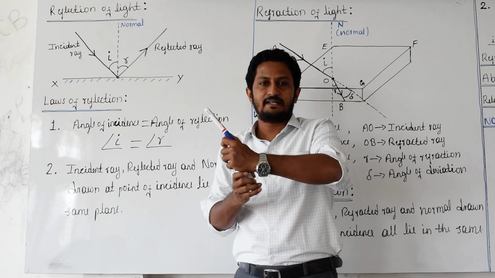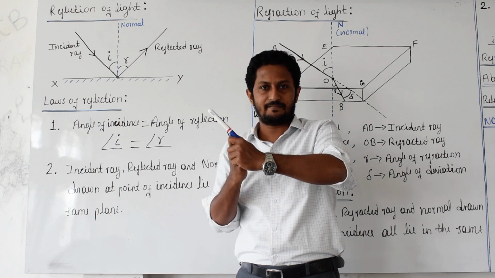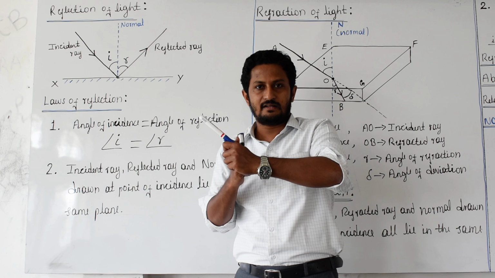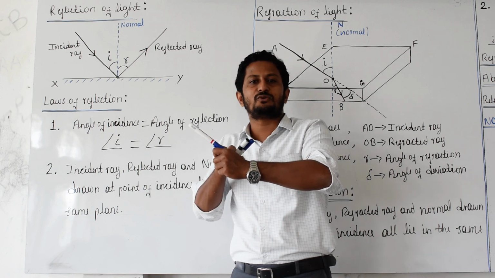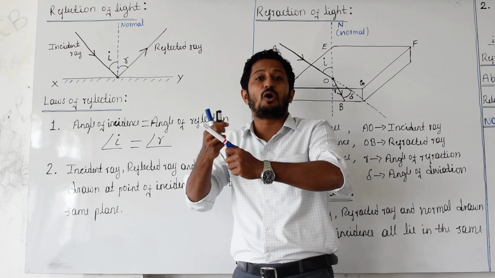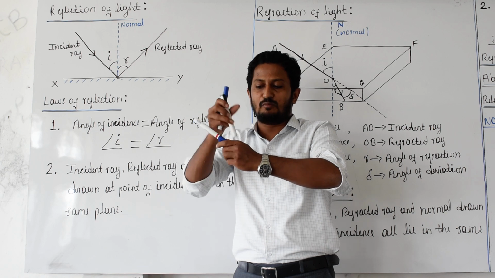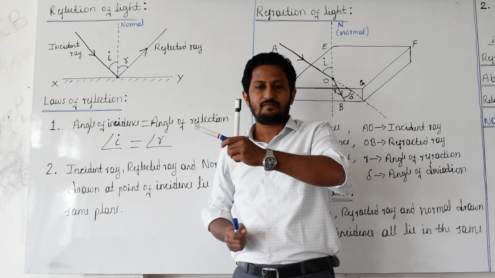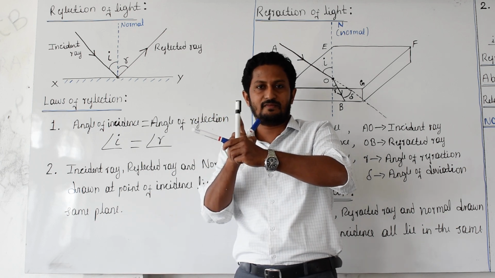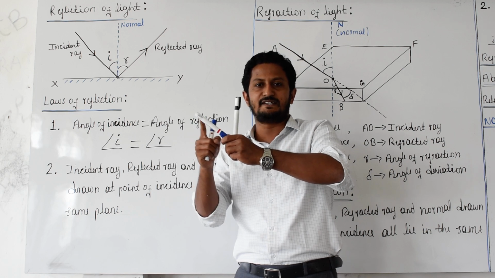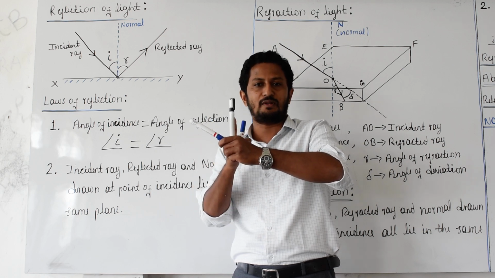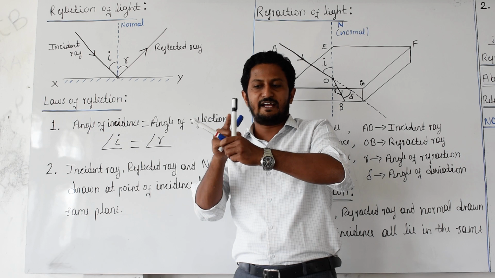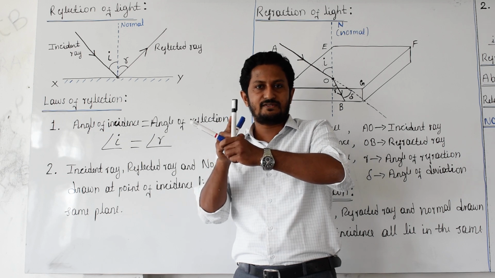This is the incident light. As I said, to that point of incidence you must draw one normal. See, this is the normal. This is the incident light, and this is the normal. This is the angle of incidence.